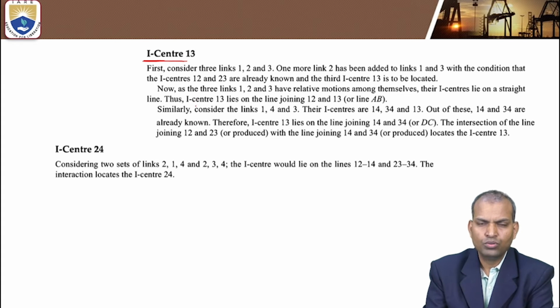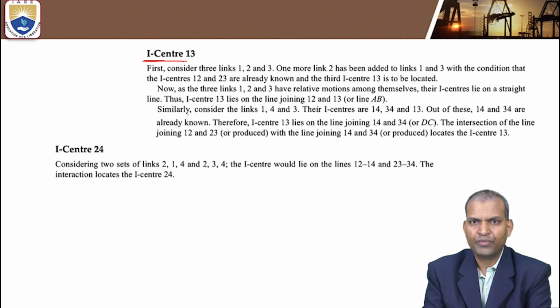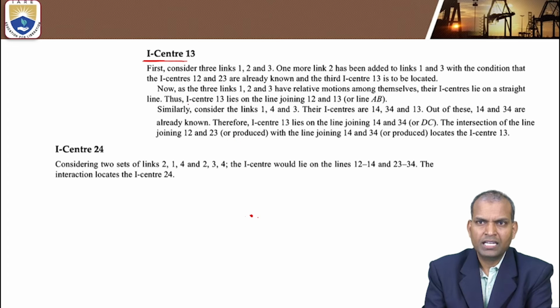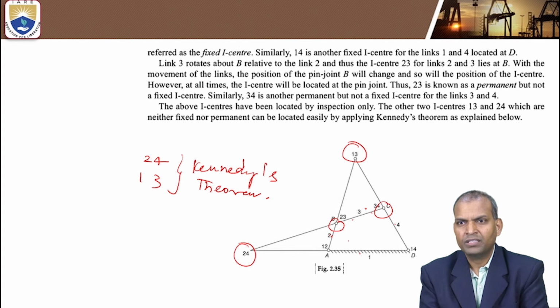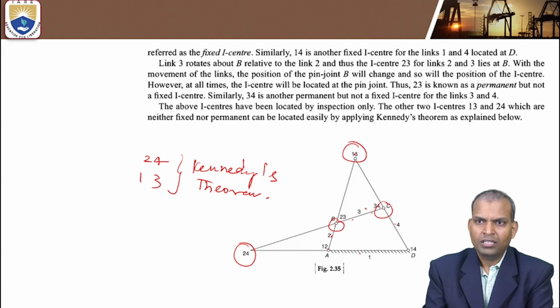Now, how to do it? To locate a point, we need 2 coordinates, then only can you find both x and y. Here we need the location. Instantaneous center 1, 3 lies on the line joining 1, 2 and 2, 3. That's how we join the line. 1, 2 and 2, 3 we join. There is one more, that is 1, 4, 3.